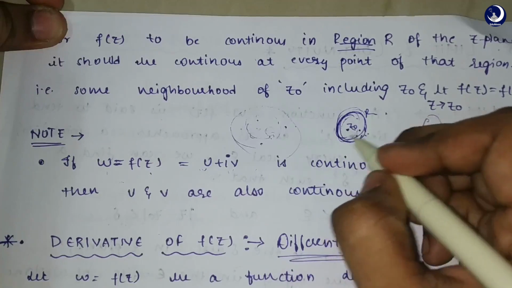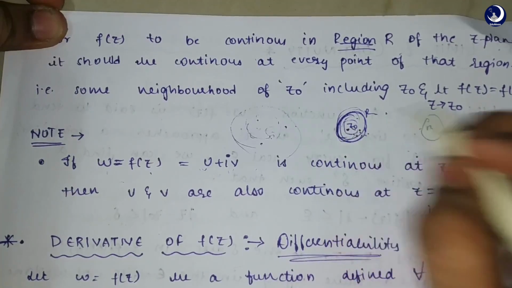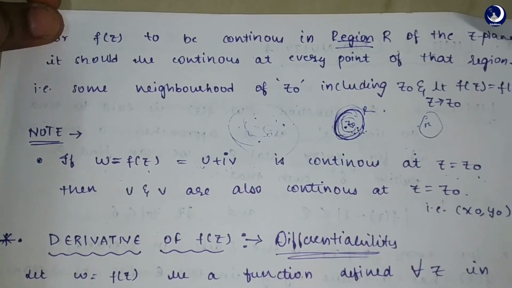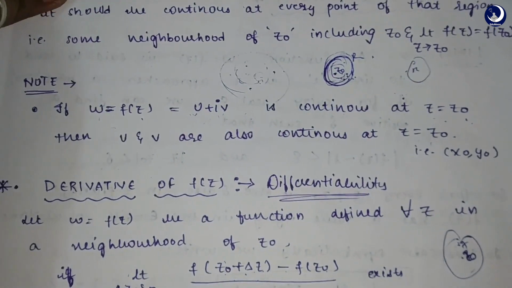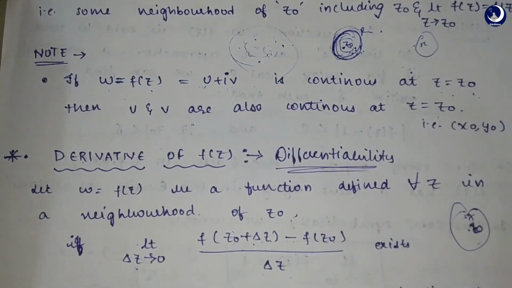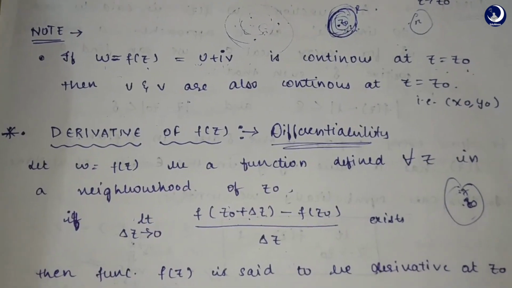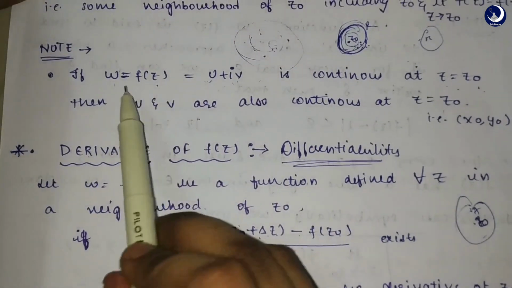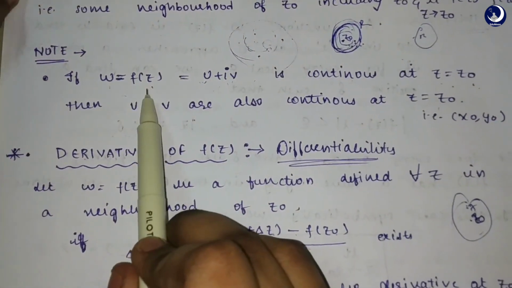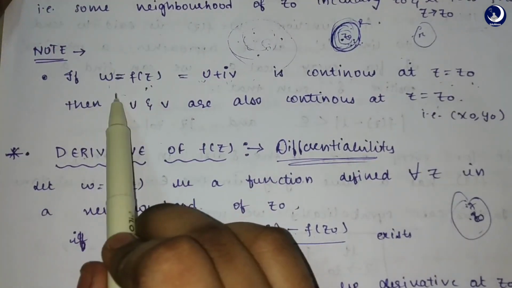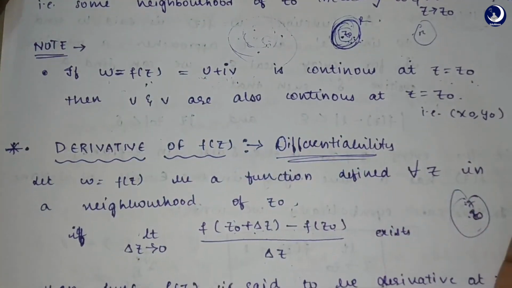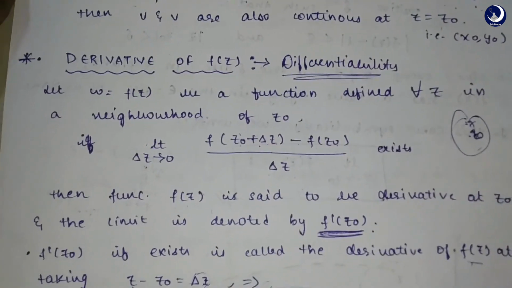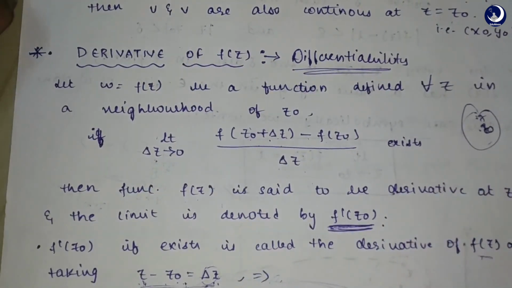Not only z0, even in the neighborhood of the z0 point it should be continuous. When you do examples, we'll get clarity, so don't worry for now. I'm just giving an intro, a warm-up kind. When this function w equals f of z is continuous, even u and v will be continuous, obviously. So that's it, limit and continuity.